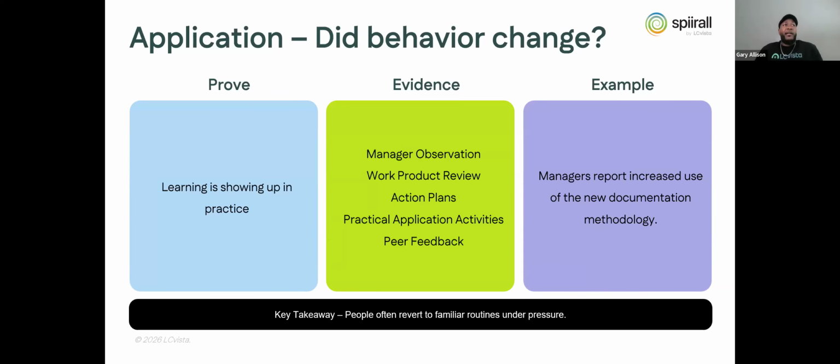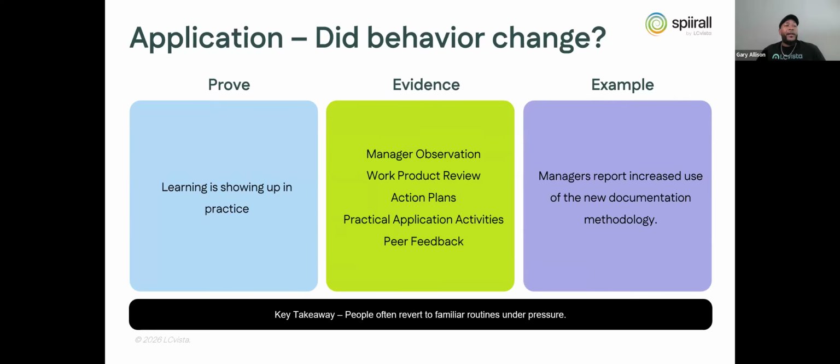And then peer feedback. So an example here is that if a manager can report increased use of the new documentation methodology, that would look like evidence that what was recently taught is being applied in practice.